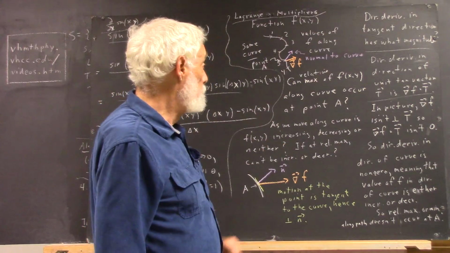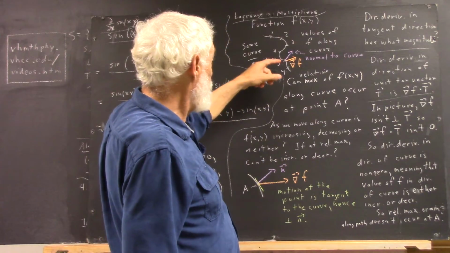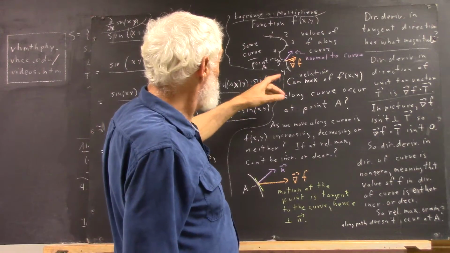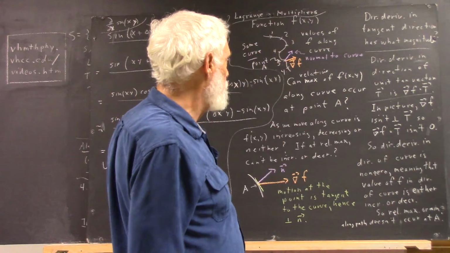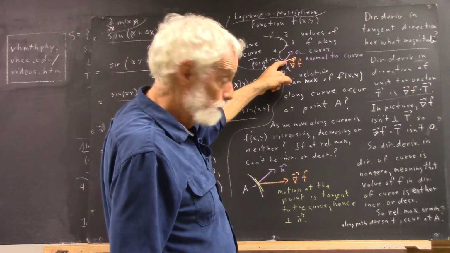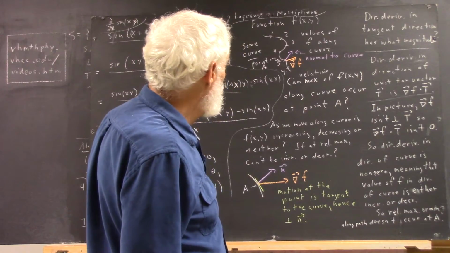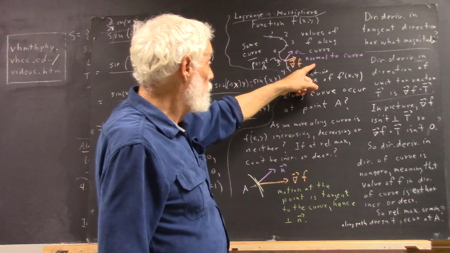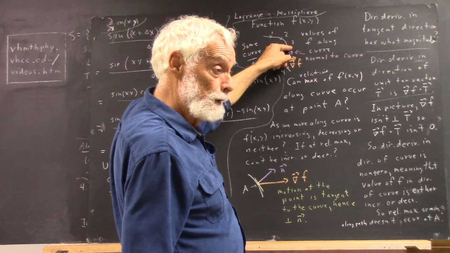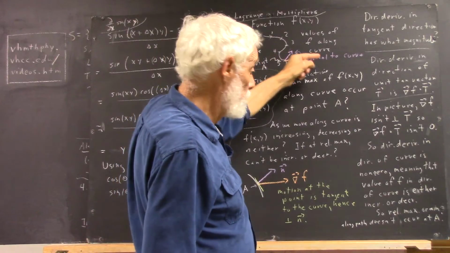But what we do know is that if at point A, which might be this point, we have the situation I've depicted here, we can figure out whether this point is a maximum or a minimum. Let me explain the situation. I'm saying that the normal to the curve is here, and the gradient of f is here.